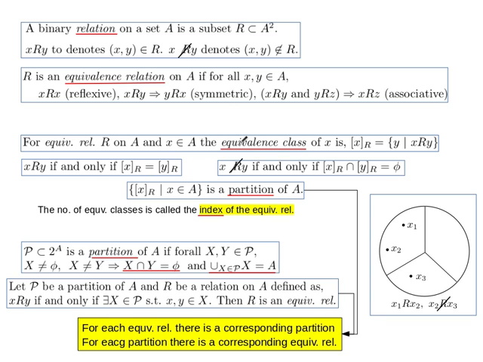Okay, so what is the equivalence class? You take some element x in A, and you take all the y's which are related to x. That set we call the equivalence class of x for this relation R.